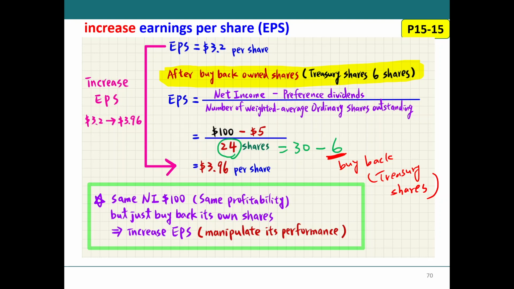So there's another reason you want to buy back your shares: to make your EPS increase from 3.2 to 3.96. So they may think your profitability is better. This is another reason you want to buy back the shares.